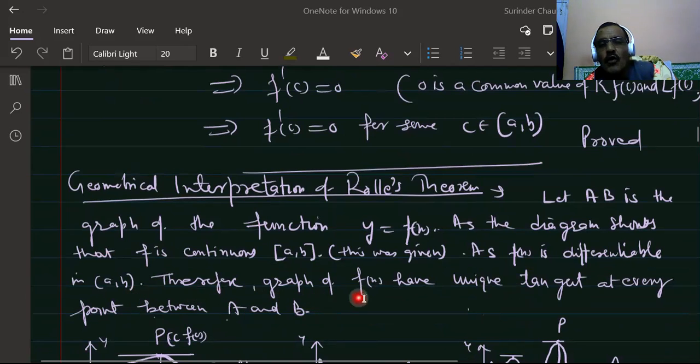Therefore, the graph of f(x) has a unique tangent at every point between them. If you differentiate a function at any point of the interval and it is a finite value, that derivative is the slope of the tangent at that point. Therefore, the graph of the function f(x) has a unique tangent at every point within the interval.